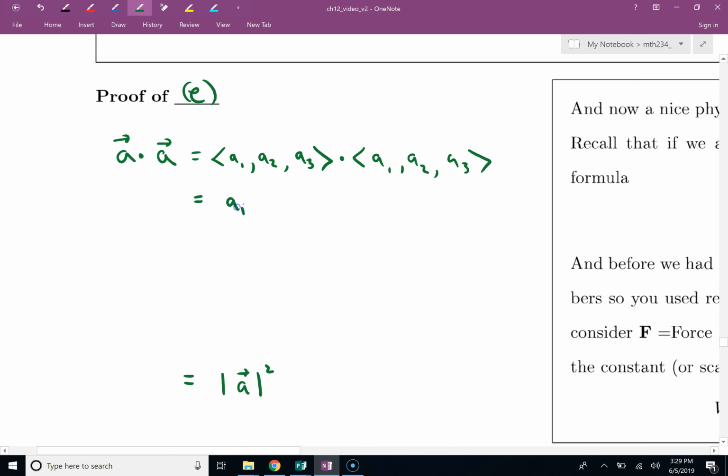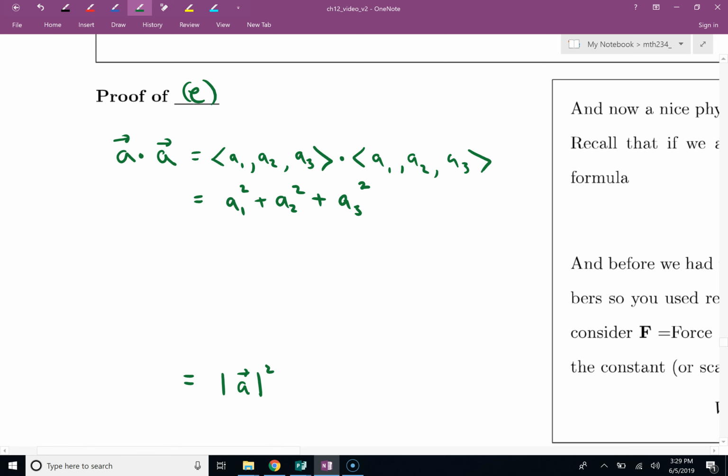So this is A1 times A1, that'd be A1 squared. Next, the second components: A2 times A2, so this is A2 squared. And finally, the third component, A3 times another A3, so A3 squared. So A1 squared, A2 squared, A3 squared.